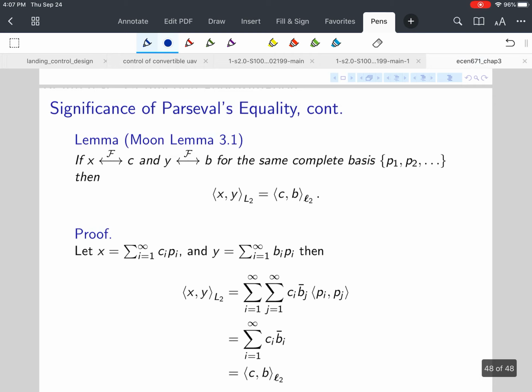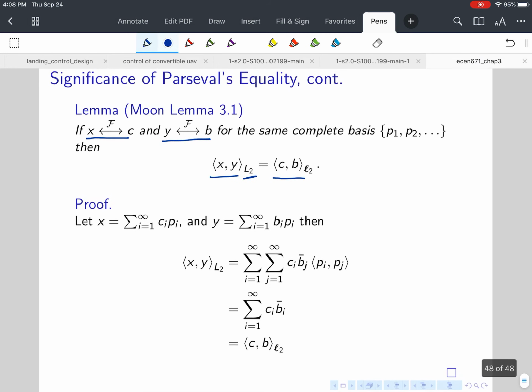So if x has a Fourier transform pair with c and y with b for the same complete basis, then when I take the inner product of x and y in big L2 space, okay, this is an integral, that's the same thing as taking the inner product of the coefficients in little L2 space.